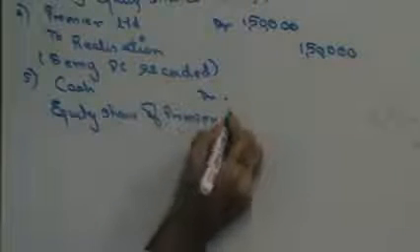Once you have recorded the PC, then you need to receive the PC. What all are they going to pay you? They have promised to pay you cash: cash account debit, equity shares of Premier Limited debit, to Premier Limited.